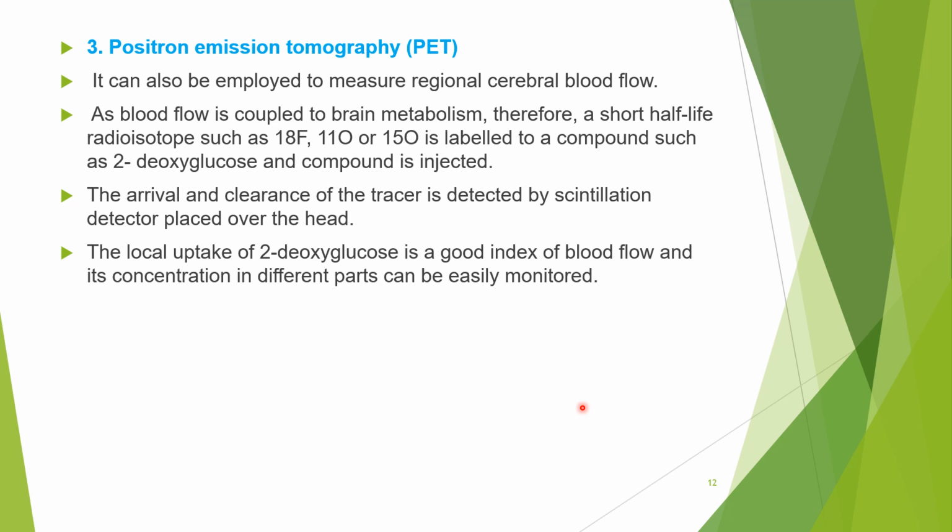So these detectors will detect how much glucose is present in the arteries and how much in the veins, and the difference of these two will give the utilization of the glucose. Like that, it will detect the amount of blood flow in the particular region.